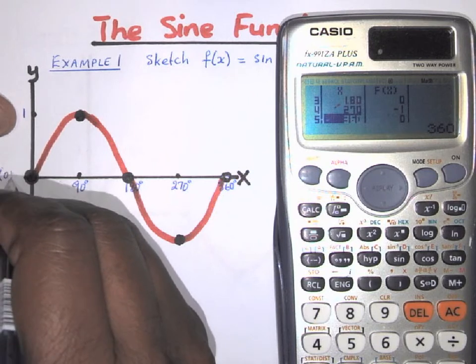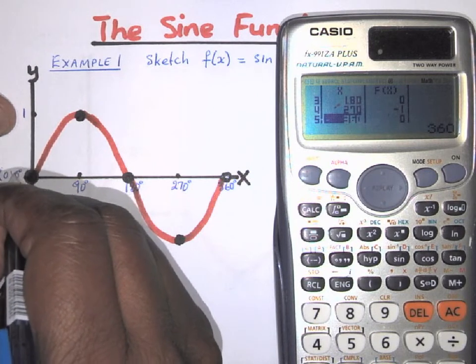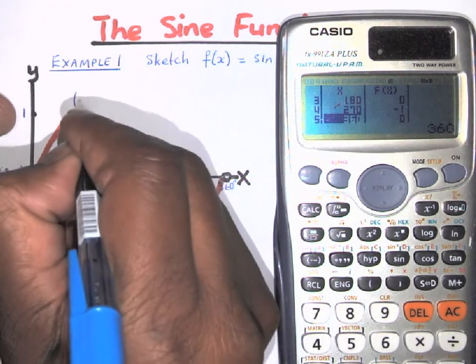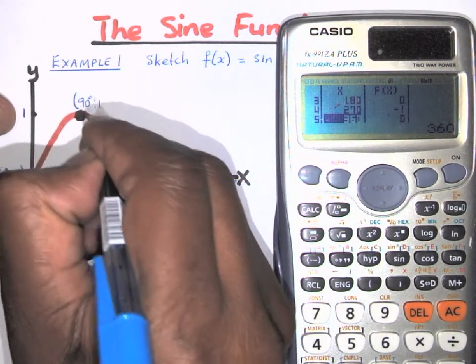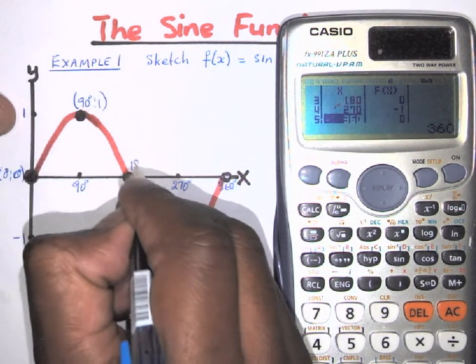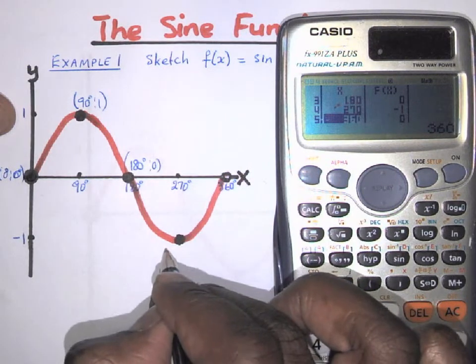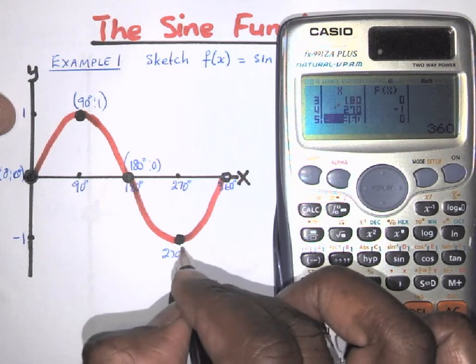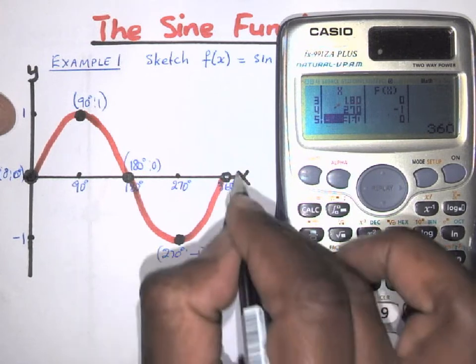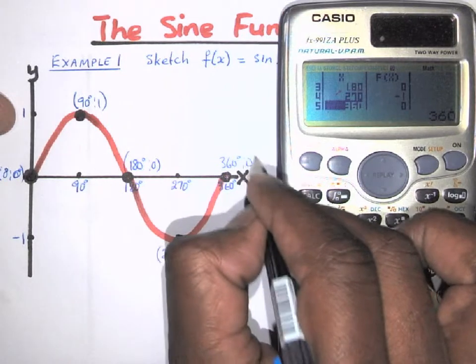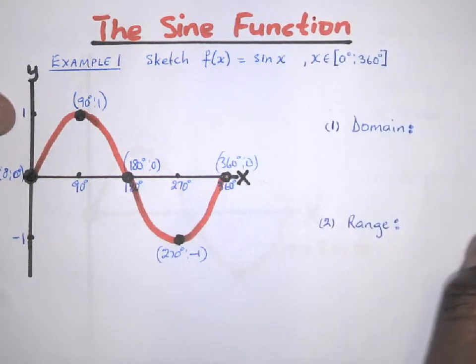So it's 0 degrees to 0, 90 degrees to 1, 180 degrees to 0, 270 degrees to minus 1, and 360 degrees to 0. Then you're done.